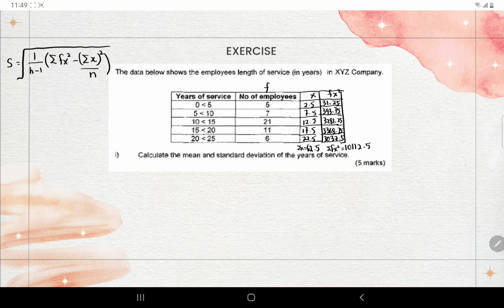So just insert all of the values we get into this formula. Here our n is the total number of employees, which is 5 plus 7 plus 21 plus 11 plus 6, so our n is 50. So 1 over 50 minus 1, and then 10112.5 minus 62.5 square, divide by n.